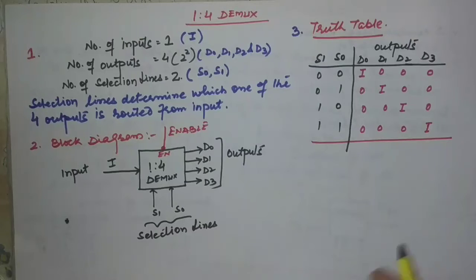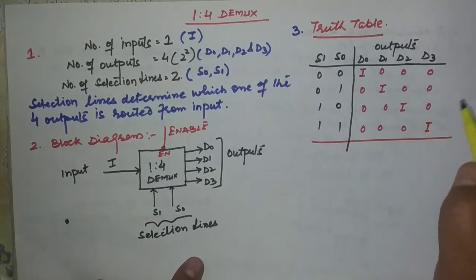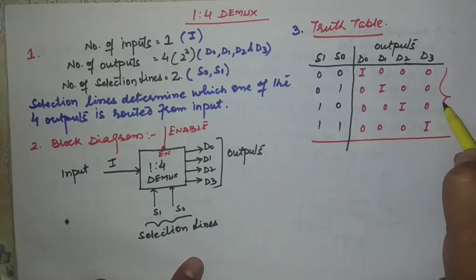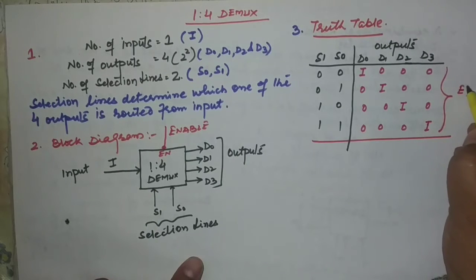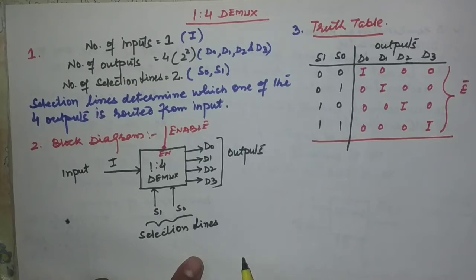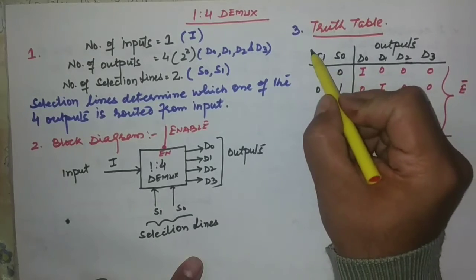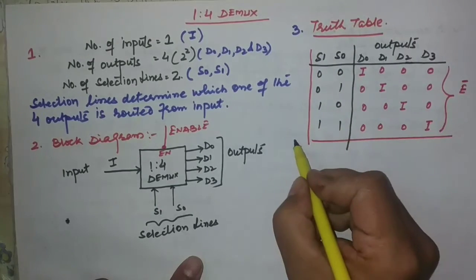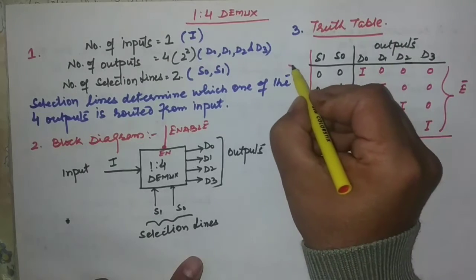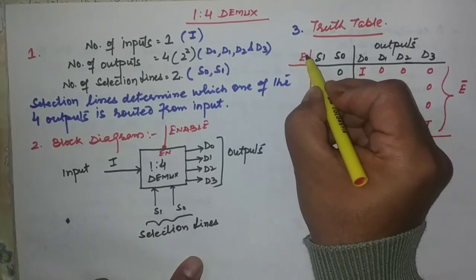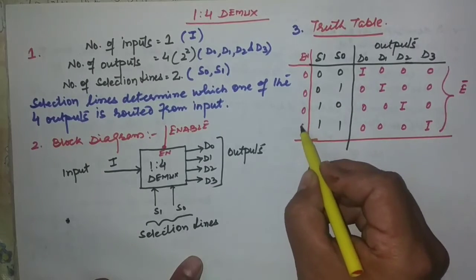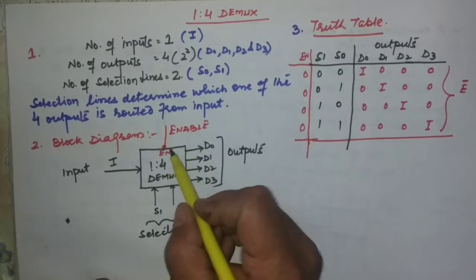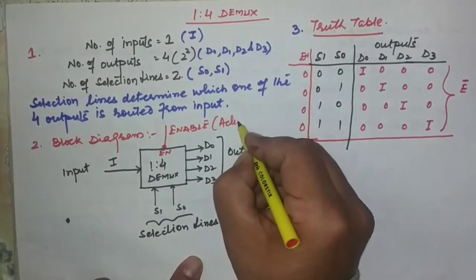So this is the truth table, and for all these combinations the enable should be equal to low. I can show that enable is 0 here, because it is active at low.